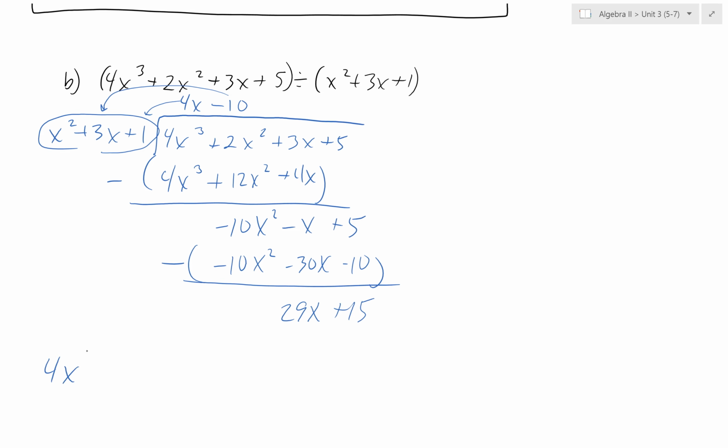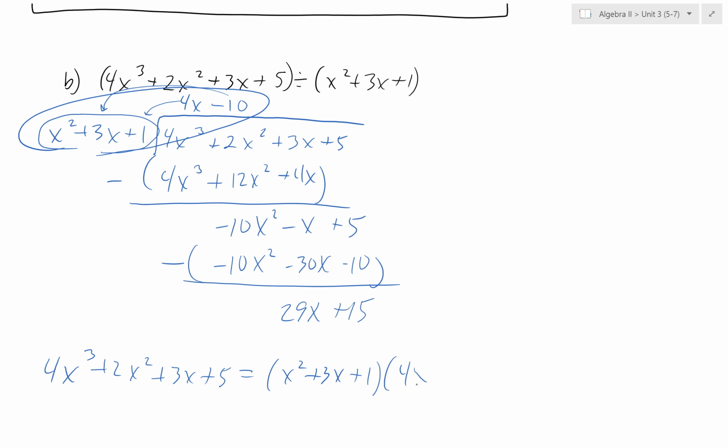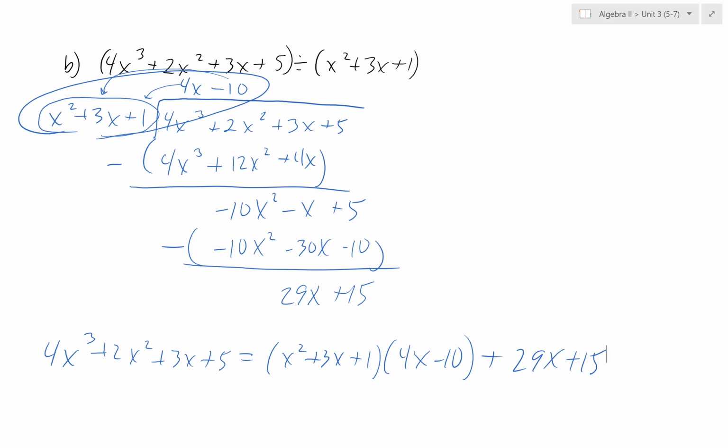So 4x cubed plus 2x squared plus 3x plus 5 is equal to the product of those two things, x squared plus 3x plus 1 times 4x minus 10, plus our remainder. Any questions on that one?